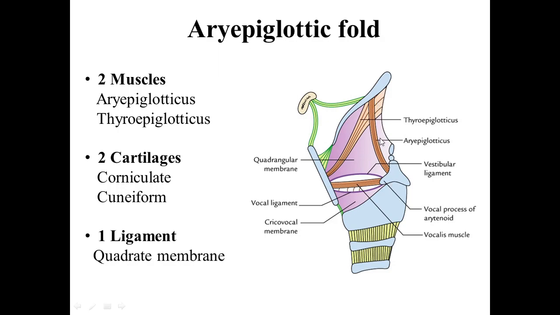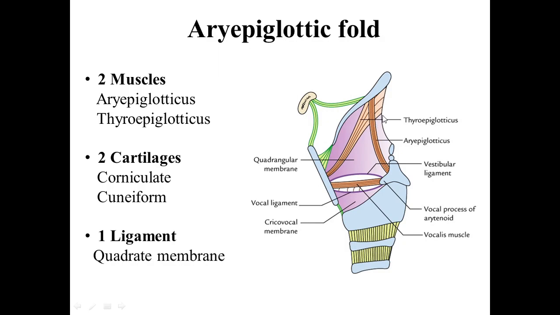And the third content of the aryepiglottic fold is the upper border of the quadrate membrane. Here the purple shaded area is the quadrate membrane, and its upper free border lies in the aryepiglottic fold.